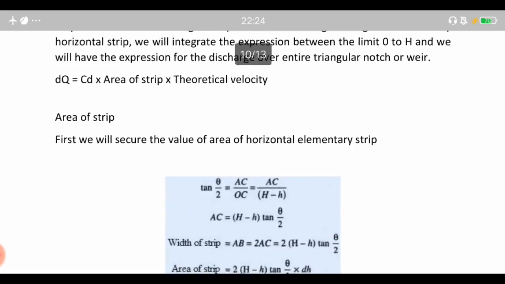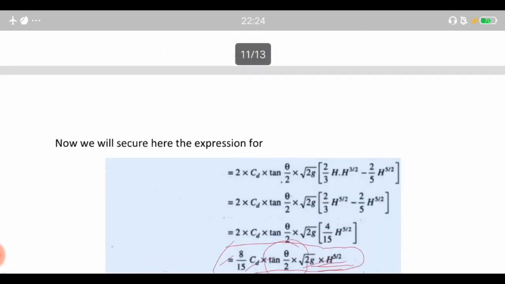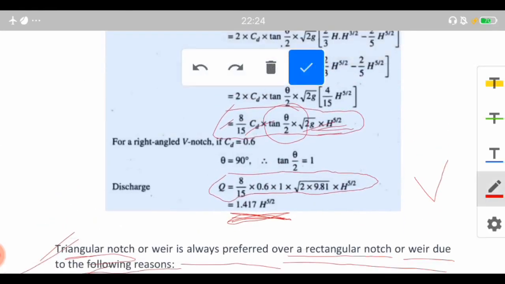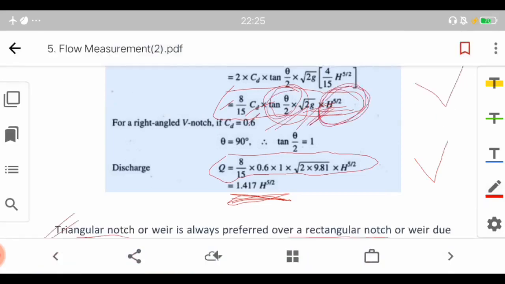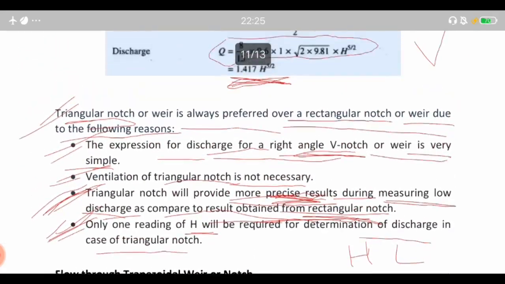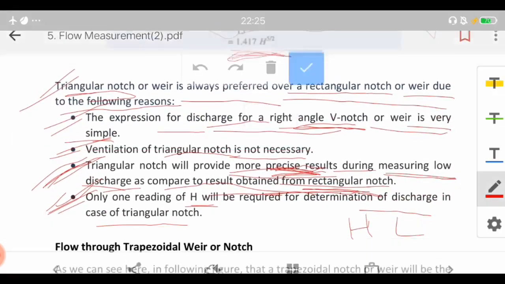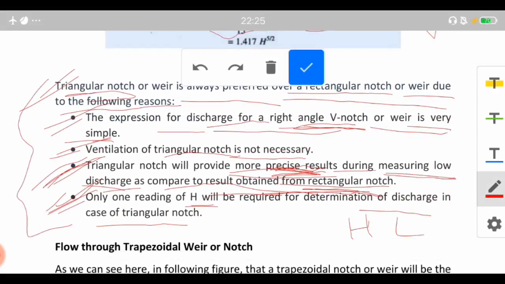But for getting the discharge of a triangular notch, we only need to know the value of H, because the value of theta by 2 will be known to us, as we know which notch we are using, and other terms like root 2g and CD will also be known because they are constants. So the triangular notch is quite advantageous as compared to the rectangular notch.